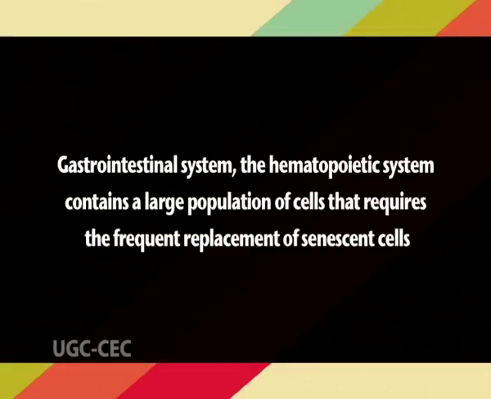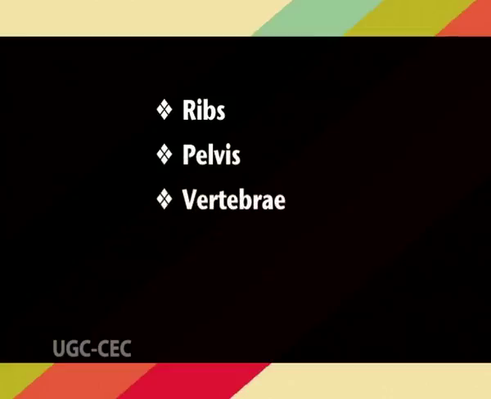Like the gastrointestinal system, the hematopoietic system contains a large population of cells that requires the frequent replacement of senescent cells. To meet this need, a pool of undifferentiated precursor cells called stem cells in the red marrow of many bones, for example, ribs, pelvis, vertebrae, skull, and ends of long bones, undergo high rates of mitotic activity and differentiate into the various cell types to replace those that die off naturally.